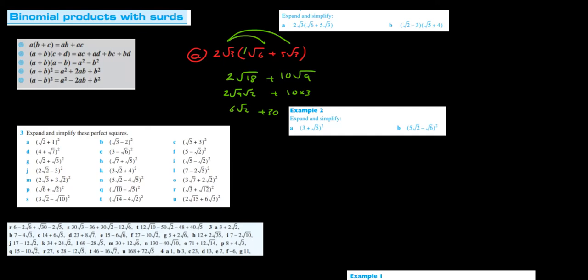We can check to see if that's right on our calculators. Let's do 2 root 3. We can open up a bracket and do root of 6, plus 5 root 3, close brackets, and we get 38.492 decimal places.